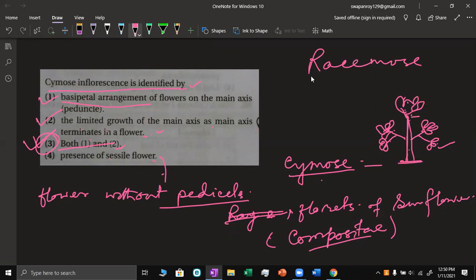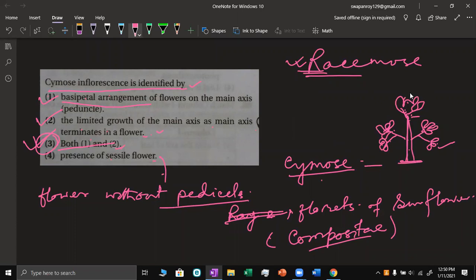In racemose, the peduncle may grow indefinitely. This one is definite, this one indefinite. Here also, of course, definite growth inflorescences are there, but in this one, unlimited growth may also be present. And the flowers are basipetal.